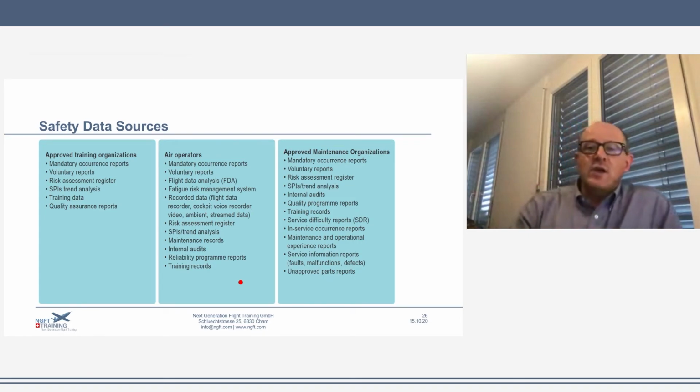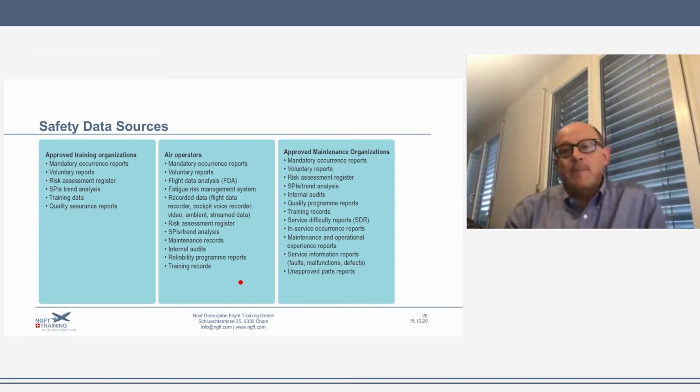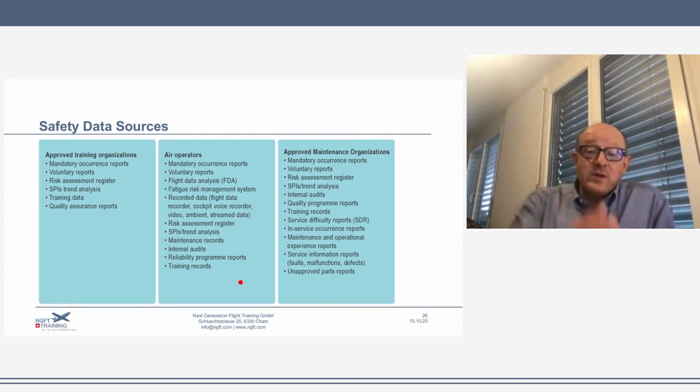One thing also is that we are looking at different types of data for you. If you set this thing up, there are numerous sources that you can use, within your organization.